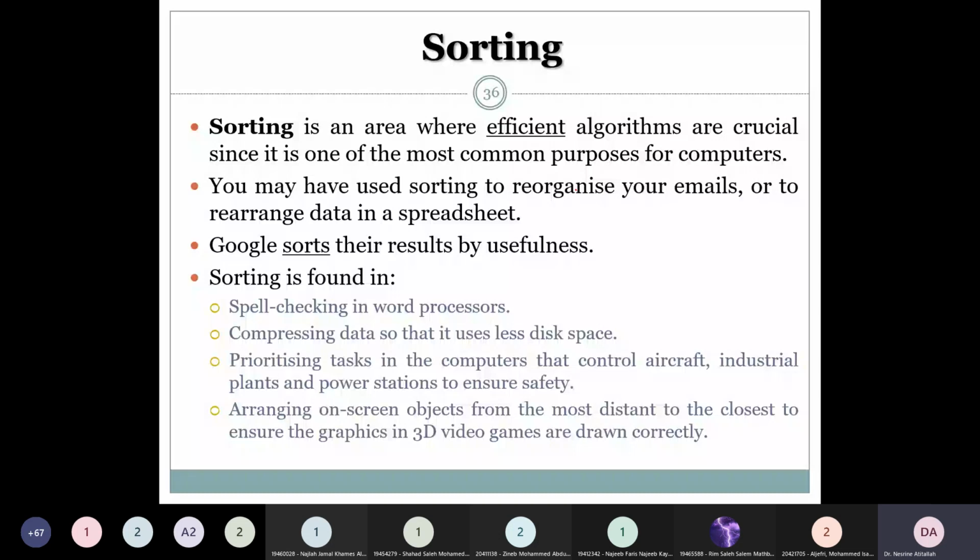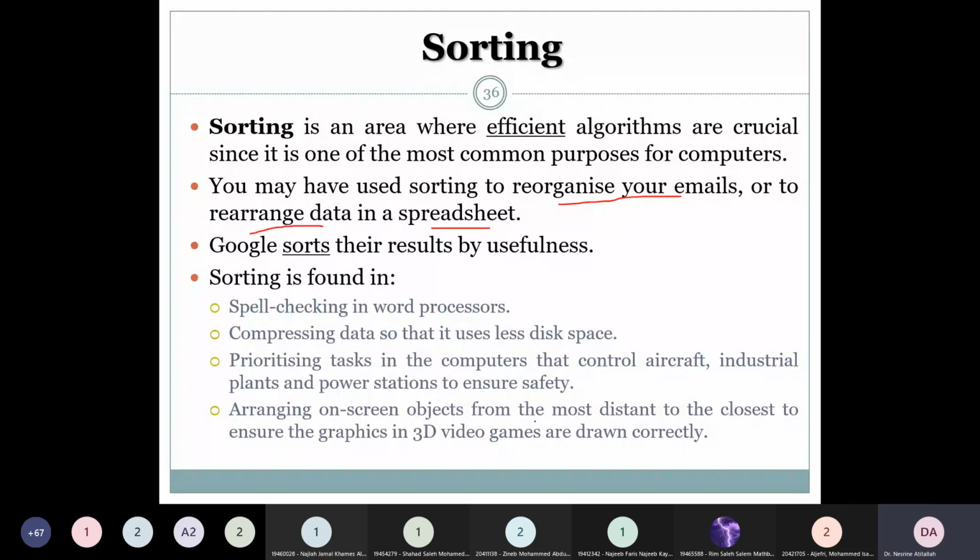Sorting is found in spell checking in word processors, in compressing data so that it uses less disk space, in prioritizing tasks in the computers that control aircraft, industrial plants, and power stations to ensure safety, and in arranging on-screen objects from the most distant to the closest to ensure the graphics in 3D video games are drawn correctly. So these are some examples where sorting is found.